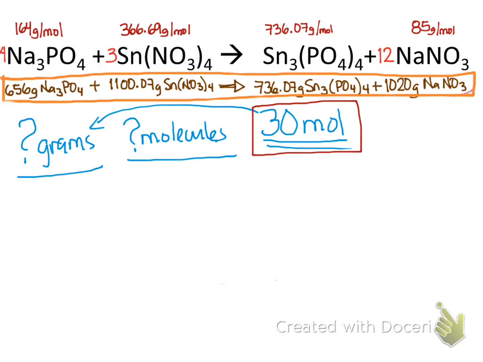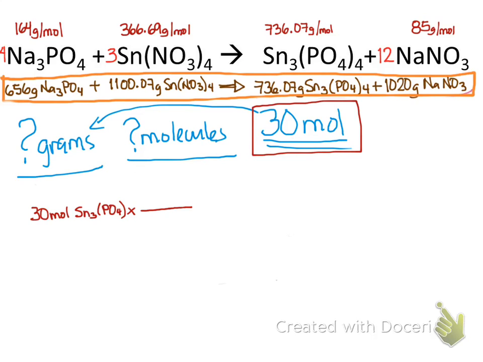I will start with 30 moles of tin 4 phosphate. How many grams of sodium phosphate will I need?